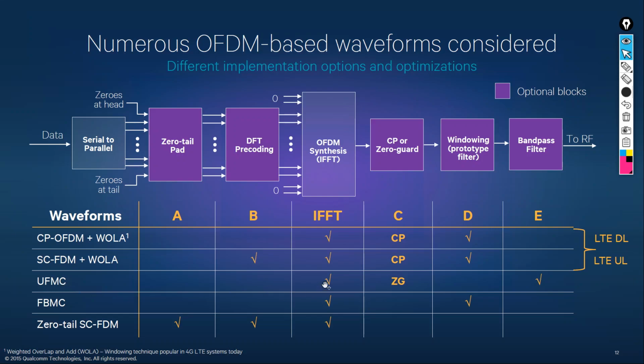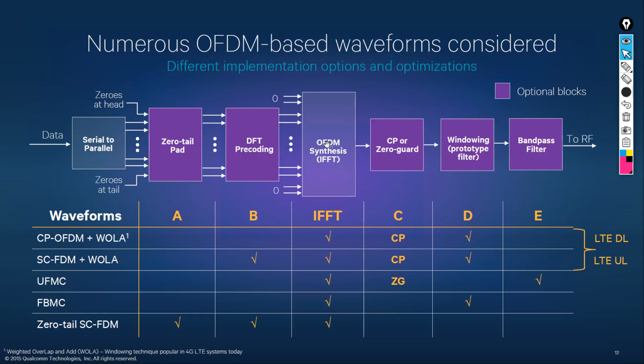Universal filtered multi-carrier uses IFFT, it uses the CP, and it uses a band pass filter instead of windowing. Filter bank multi-carrier uses just IFFT and windowing. Zero tail uses the first three steps. So if I tell you to draw a zero tail single carrier FDMA transmitter, what do you draw?